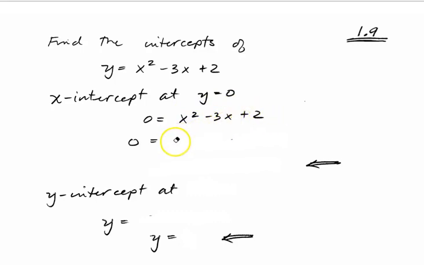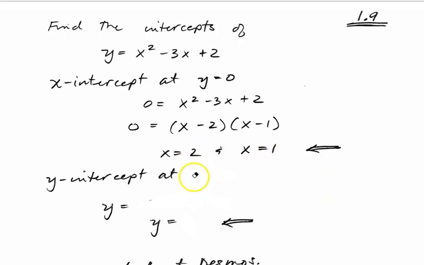So that gives us x minus 2 times x minus 1. You want to go back and review your factoring if that didn't come out very quickly for you. Then the solution is x equals 2 and x equals 1. So the answer is the points 2 comma 0 and 1 comma 0.